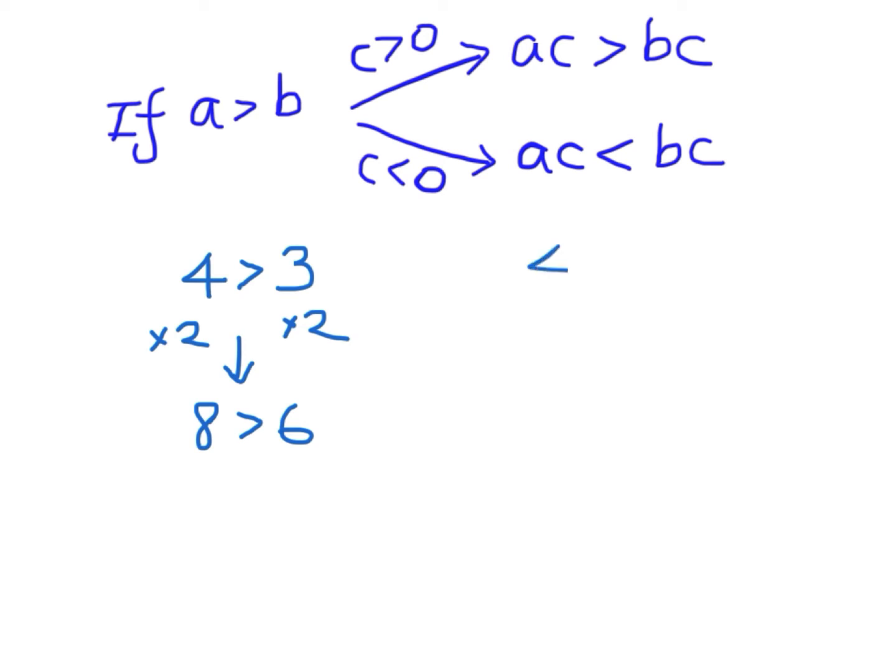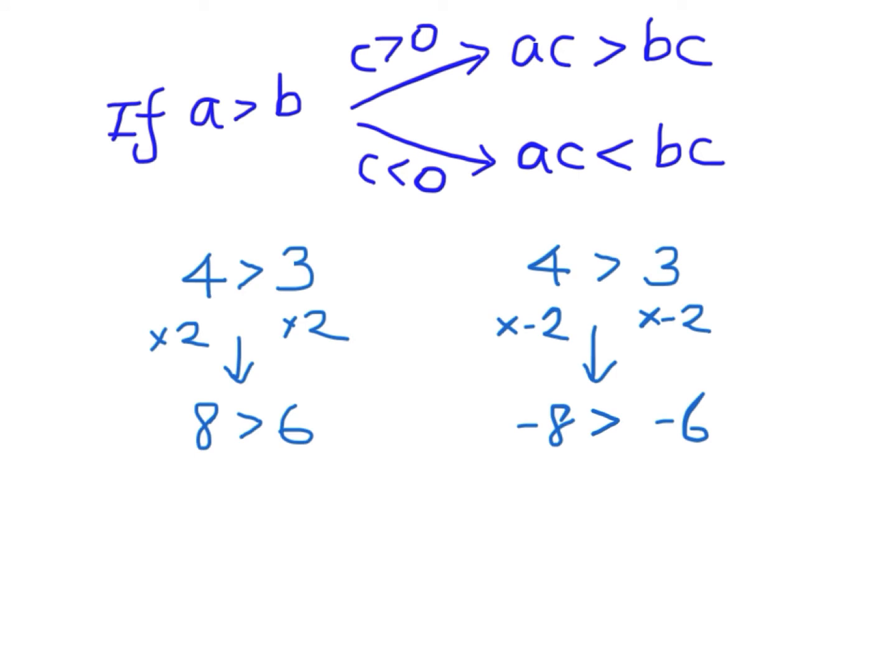But what if we have a negative number? If we multiply both sides by negative 2, then the inequality becomes minus 8 on the left hand side, and on the right hand side we have minus 6. So if we insist on the direction of the inequality, we have minus 8 greater than minus 6, and this is quite ridiculous, because in fact the left hand side is smaller, the right hand side is bigger.